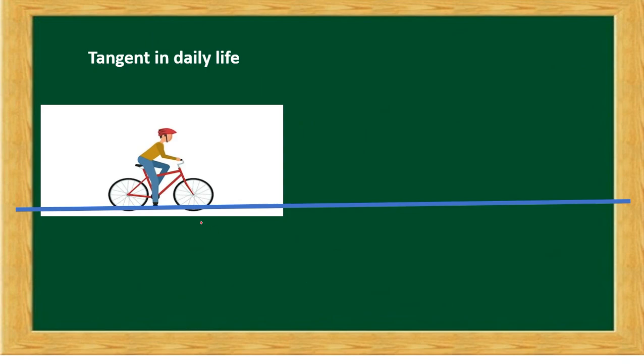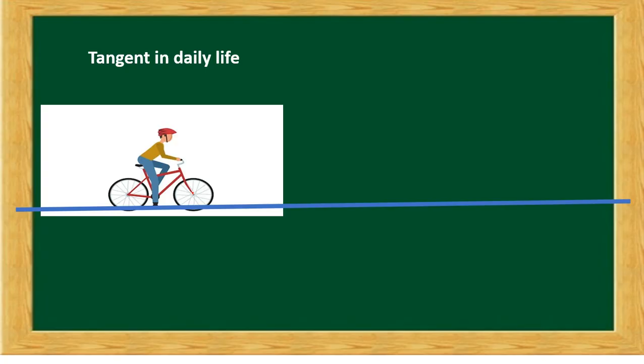Now, a daily life example of how we can observe this tangent line. Observe here a cyclist cycling on the road. This blue line shows the road.